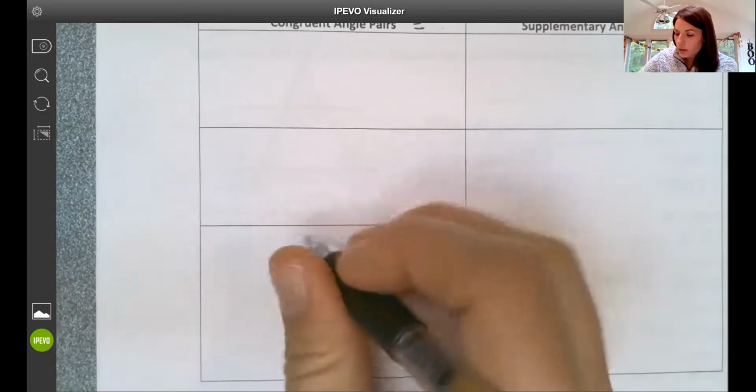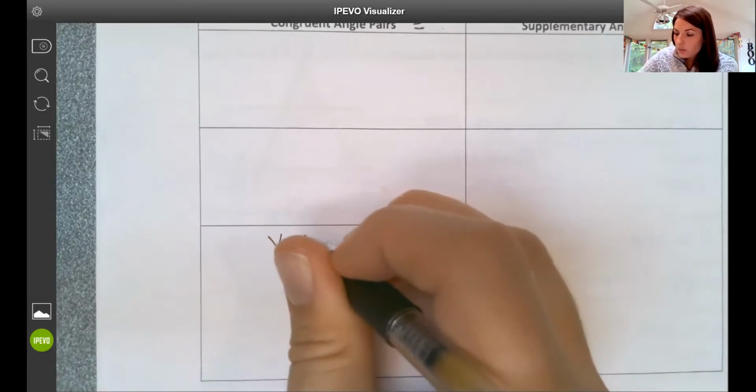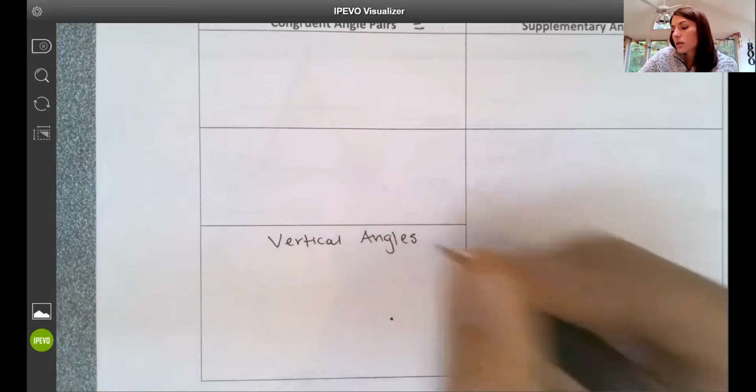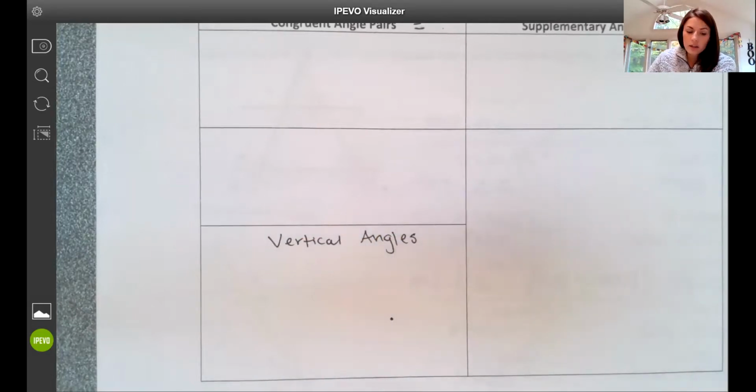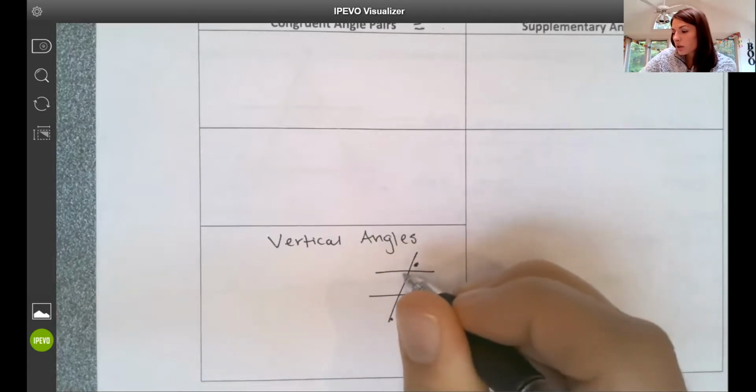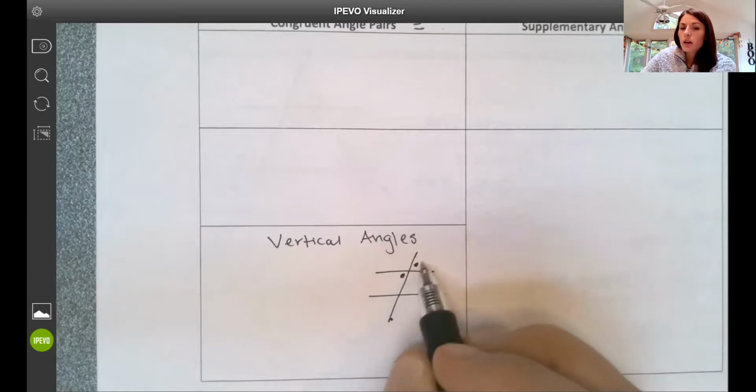I'm going to go down to the last box here in this table. From last unit, it has nothing to do with the fact that they are parallel. We know that vertical angles are congruent. That's from the previous unit. When I have parallel lines cut by a transversal, vertical angles are across from each other.